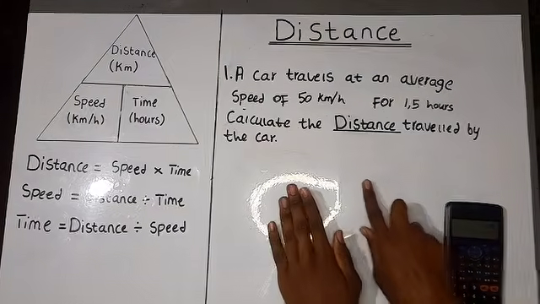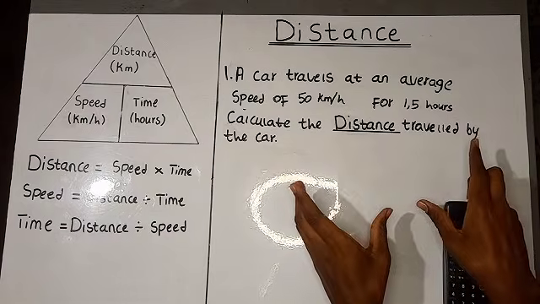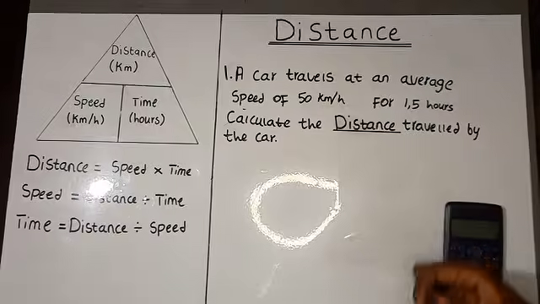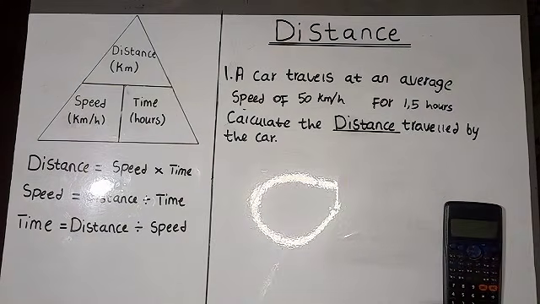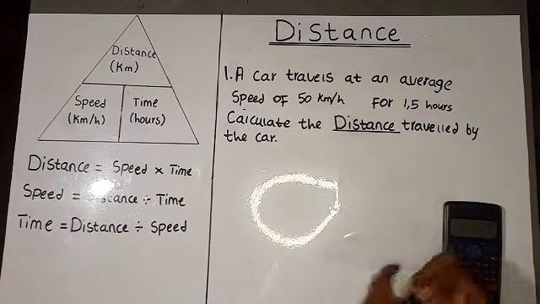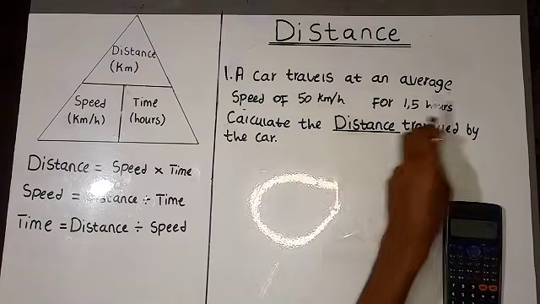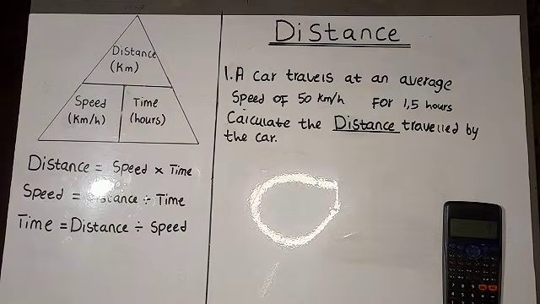Before I write the answers, please pause the video, take a screenshot of the video, or just copy the question and try to answer it before you look at the answer that I'm going to write here, to see if you really understood. Looking at the question, they say that a car travels at an average speed of 50 kilometers per hour for 1.5 hours.